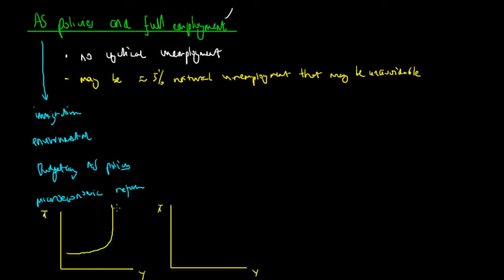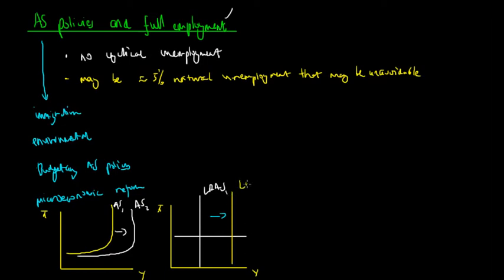One with the supply curve shifting to the right, AS1 to AS2, and here when the long run aggregate supply curve again shifts to the right, to long run aggregate supply 2. In both cases it shows that the productive capacity in the economy has increased.